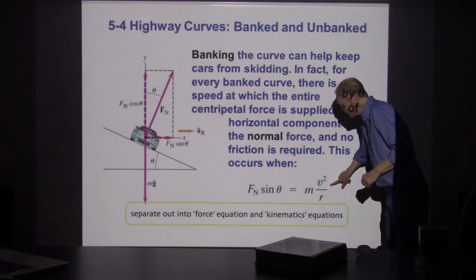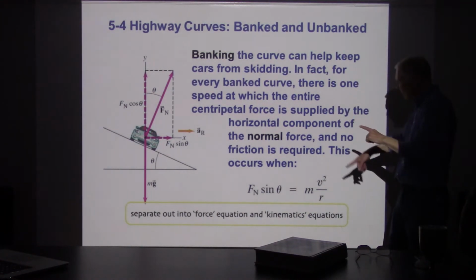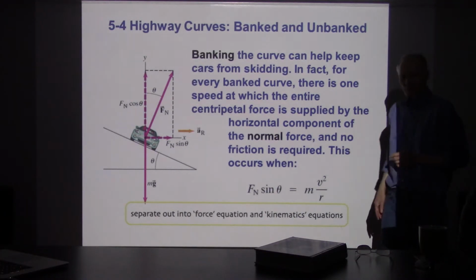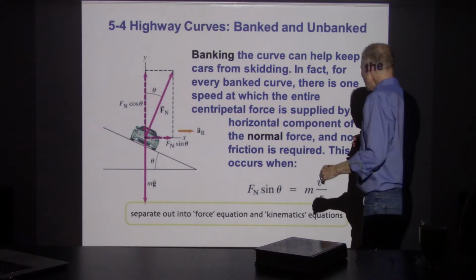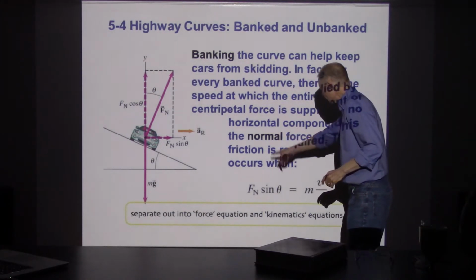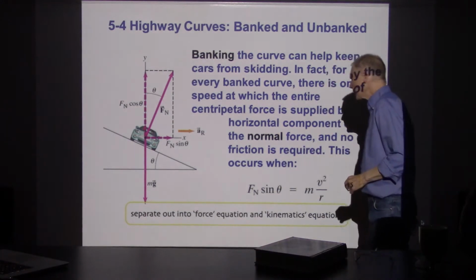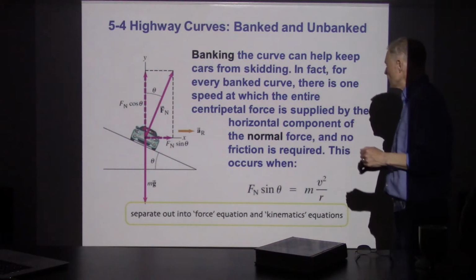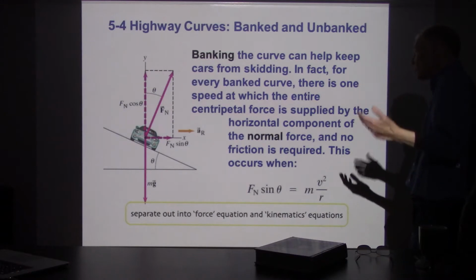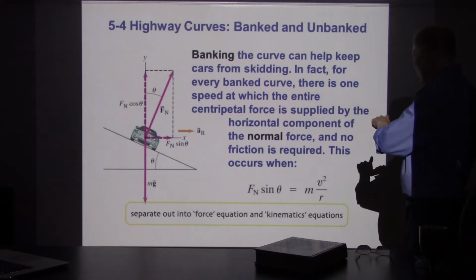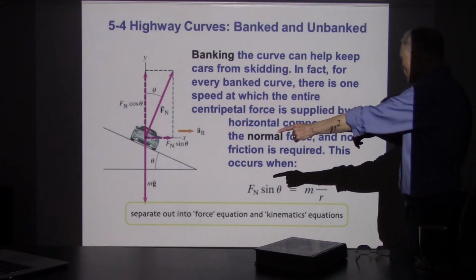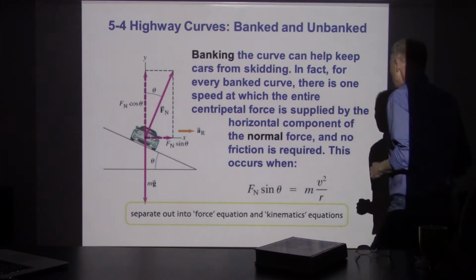to m times a. Now, that equation, it's okay, but it makes me a little nervous. As a physics teacher, what I find is there's a lot going on in that formula, and I would encourage you, at least when you're starting out, to separate this formula into a force equation and a kinematics equation.